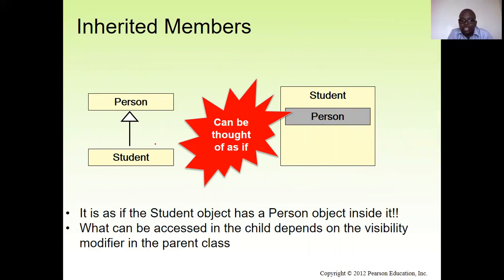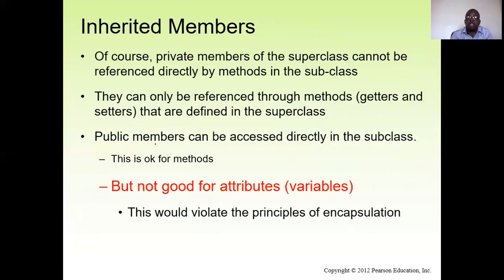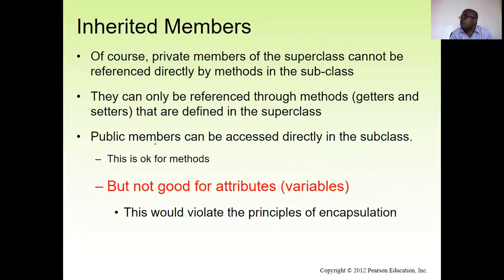Now, what can be accessed in the child depends on the visibility modifier of the class. Remember we talked about visibility modifiers a couple of lectures ago. We talked about the private, the public, and we said we'll talk a little bit more about protected later on in the course. And so today we're going to talk a little bit about protected.